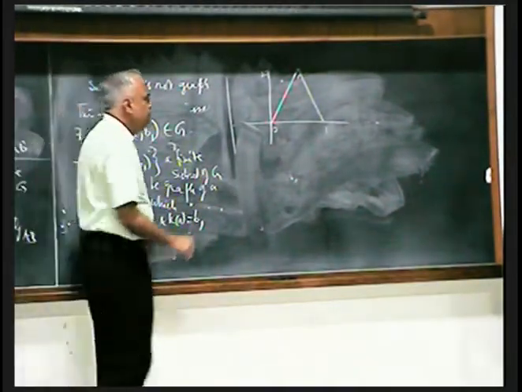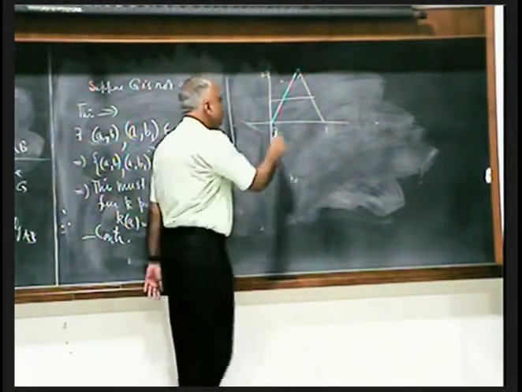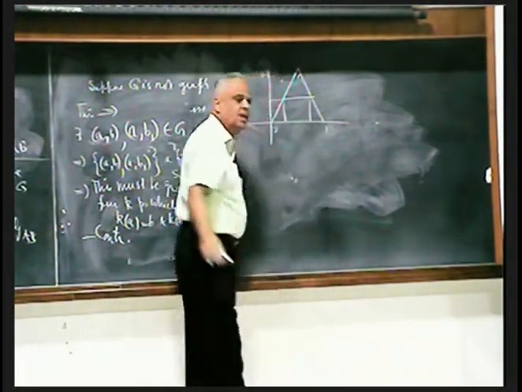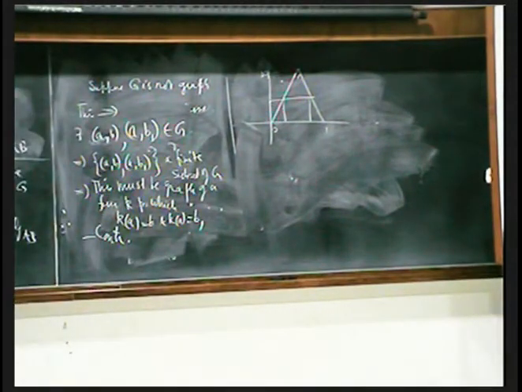Now, if you take any value between 0 and 10, there are two points at which this value is attained. The same value is attained at two points. I don't want this to happen. What do I call such a function? One-one. If it takes a value at one point, then at a different point it will take a different value. So, I want to look at one-one functions only.